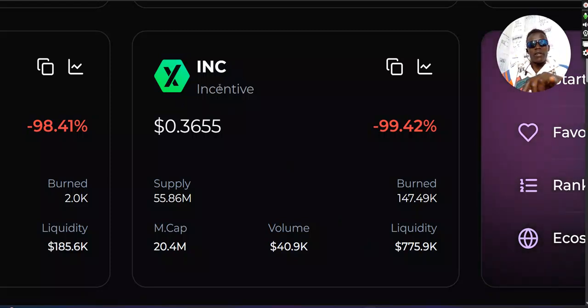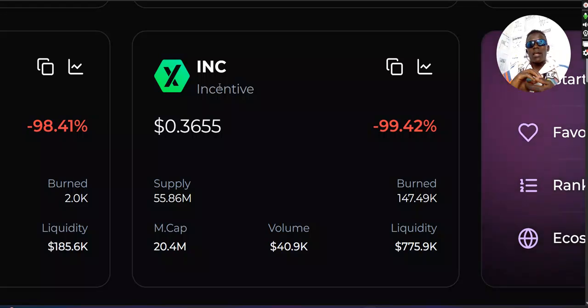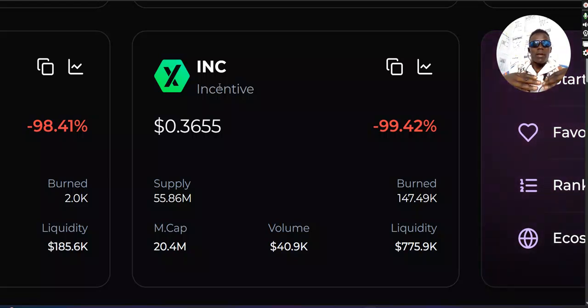Now the incentive token, for those who are new, just understand that it is a token that you get once you provide liquidity in the various farms in the PulseChain, in the PulseX farms. So these are liquidity pools. These are just people bringing in their liquidity together so that other traders can use that liquidity to trade against, maybe we can say Pulse against the incentive token, Pulse against Hex, that is Pulse against PulseX.